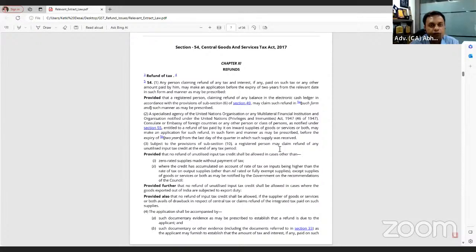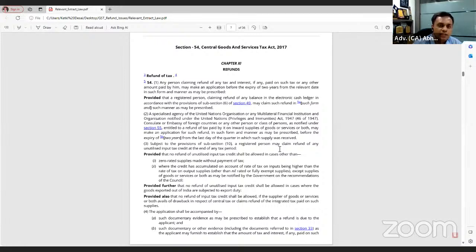If you see section 54(3), it says that in case of an unutilized ITC refund, a registered person is allowed to claim the refund only in two situations. First, under subclause 1, where a person is making zero rated supply without payment of tax, and then there is subclause 2, which says that where the credit has accumulated on account of inverted rate structure. So these are the two situations where the law says that the refund of unutilized credit will be available.